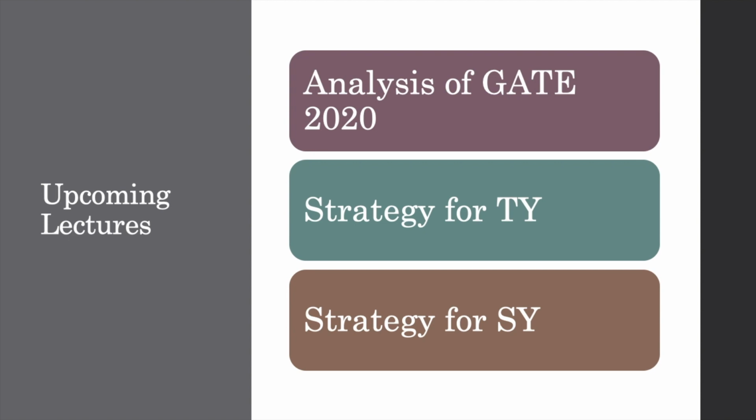And the third point that we discussed today was the syllabi. So we discussed the syllabus of the GATE examination question paper. Hope things are very clear, so that we can move ahead in the next lecture.